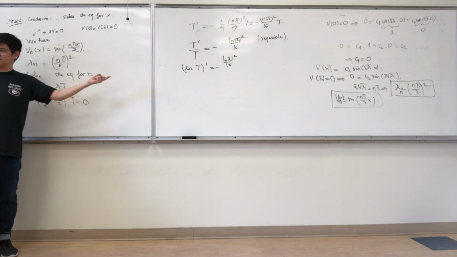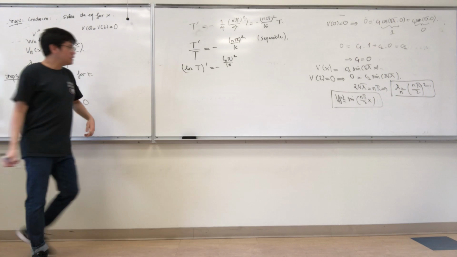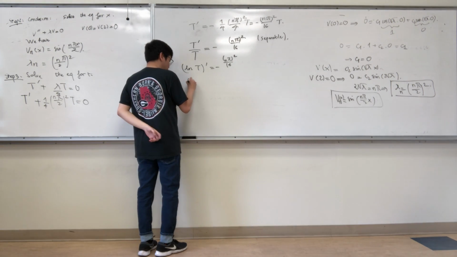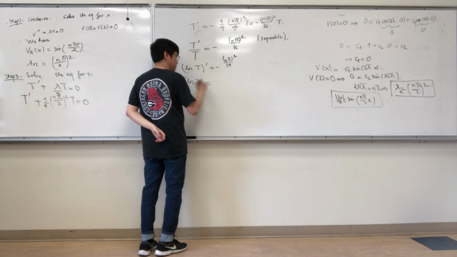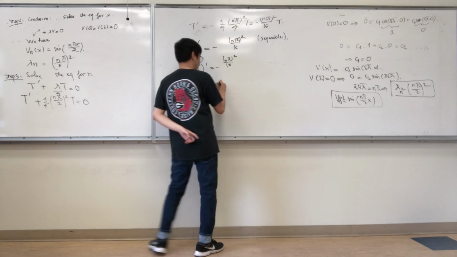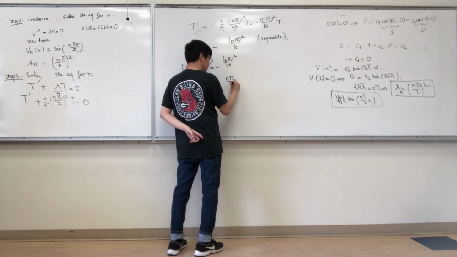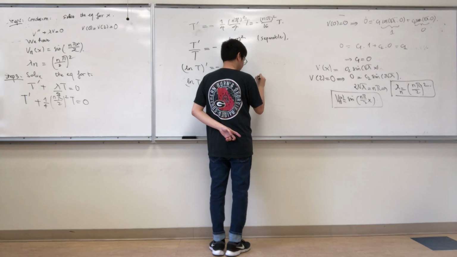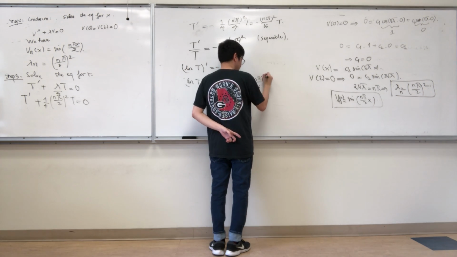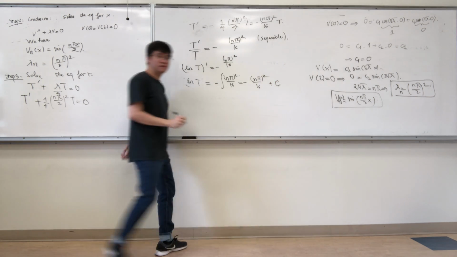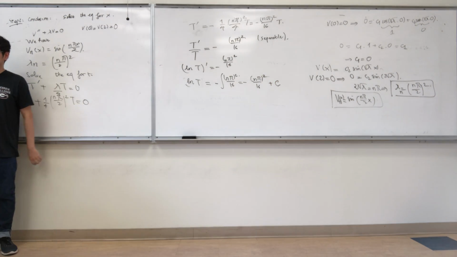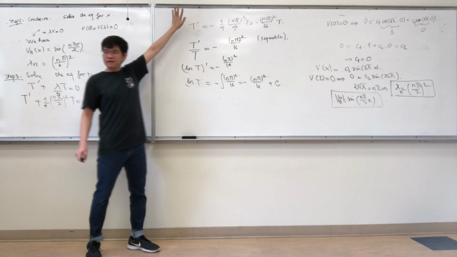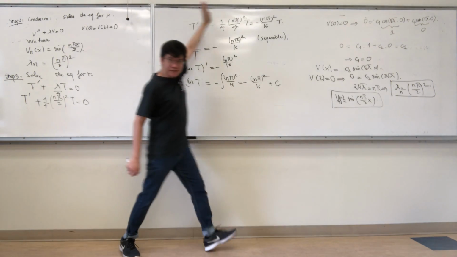And so you integrate that, and you have log of t will be minus n pi over 16 squared times t plus a constant, right? Is it clear? So, again, this is separable because you have t prime and t.